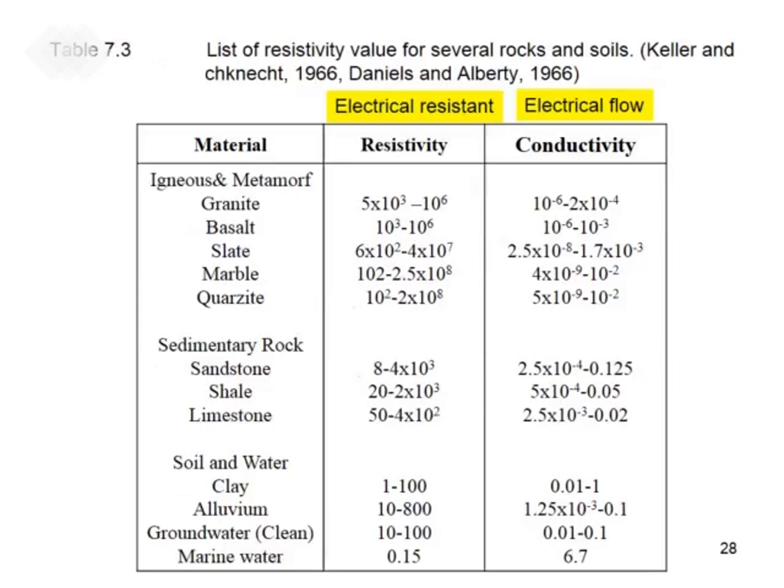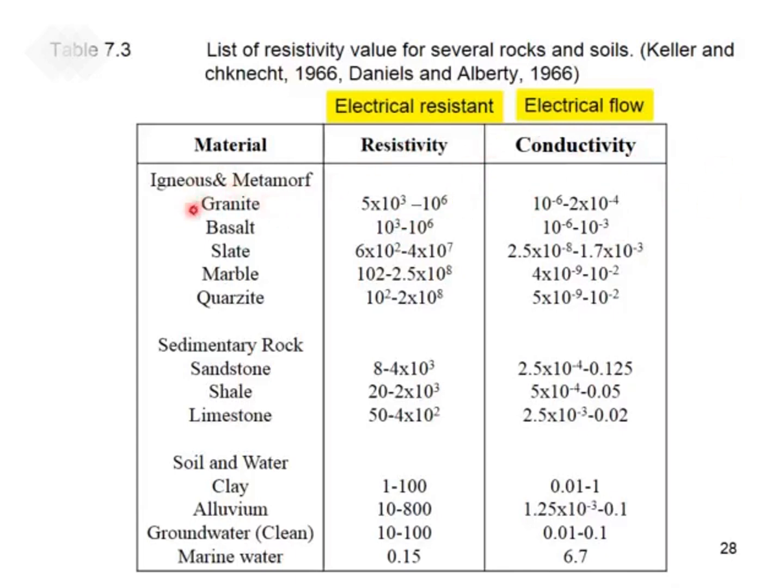Table 7.3 shows the resistivity and conductivity values for rock samples. For example, take one example of rock, granite. From this value, it shows that granite has high resistivity, or high electrical resistance, compared to conductivity. Normally they are inverse to each other.